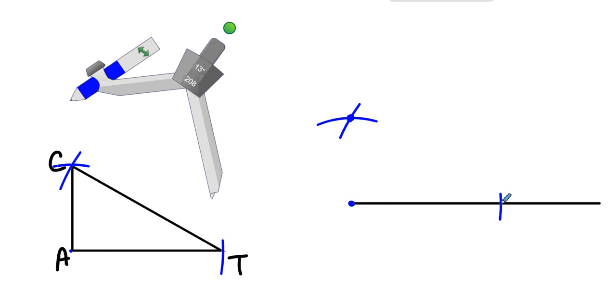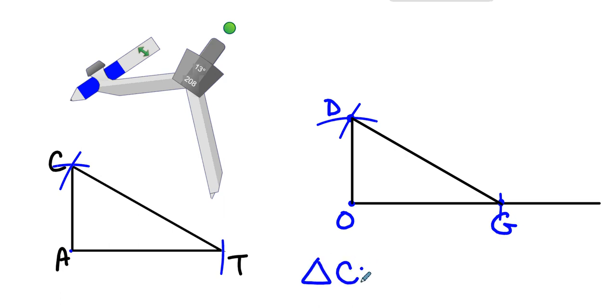Here's a vertex, here's a vertex, here's a vertex. And so we draw a segment from here to here and from here to there, and this is DOG, where triangle CAT is congruent to triangle DOG.